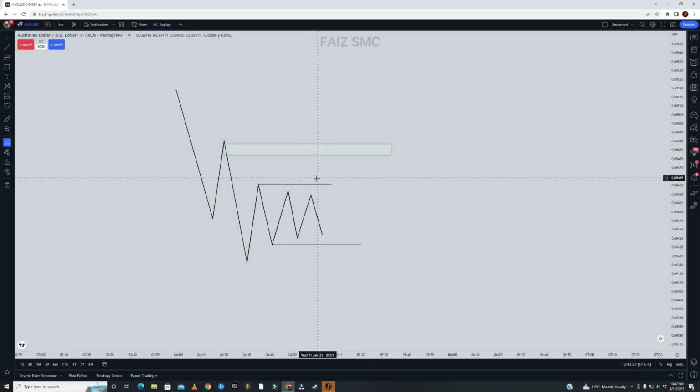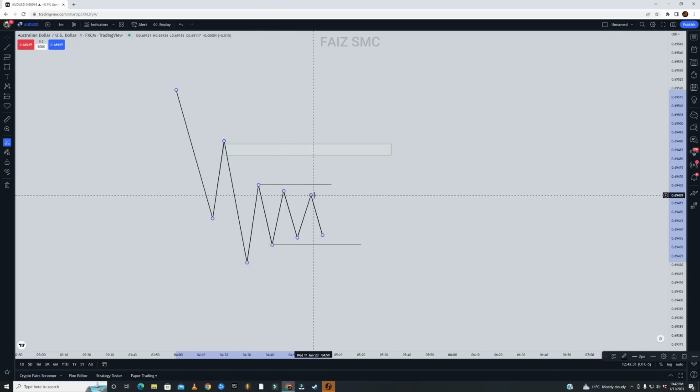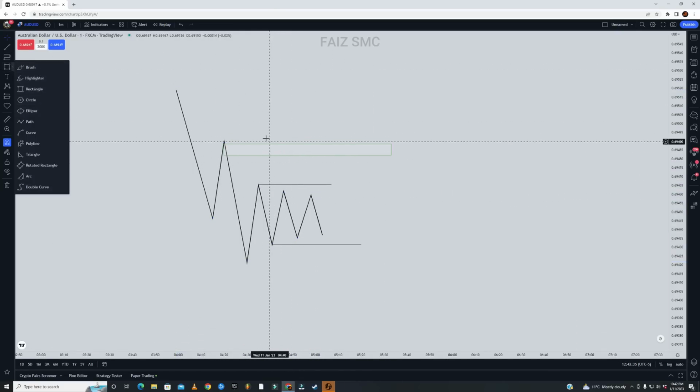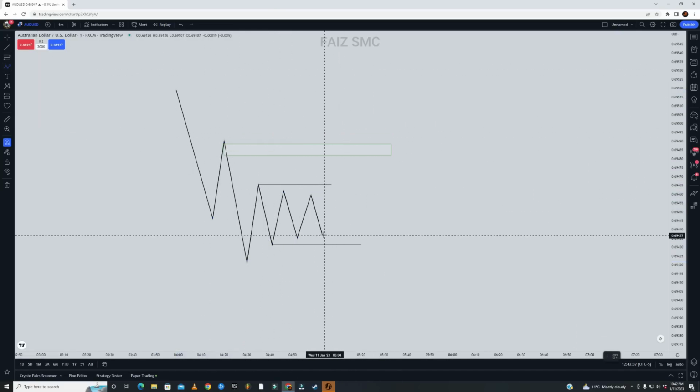So you then identify the accumulation phase, which is consolidation or liquidity pool, right? And afterwards, when you have your POI marked out, you take your entry after price manipulates, right?